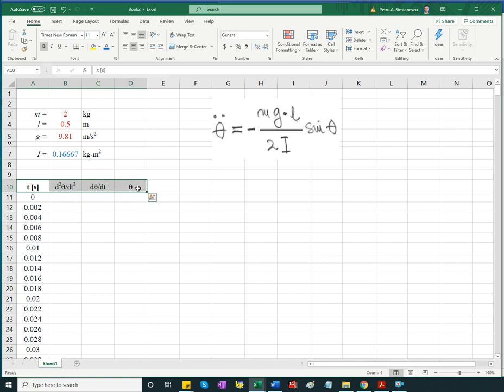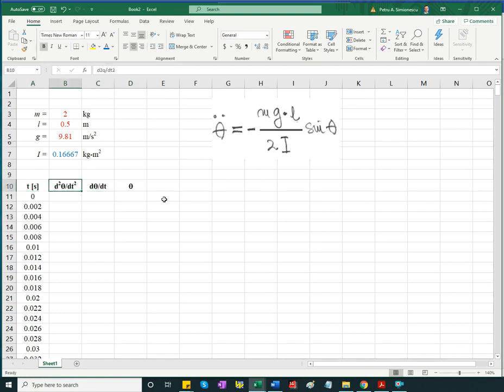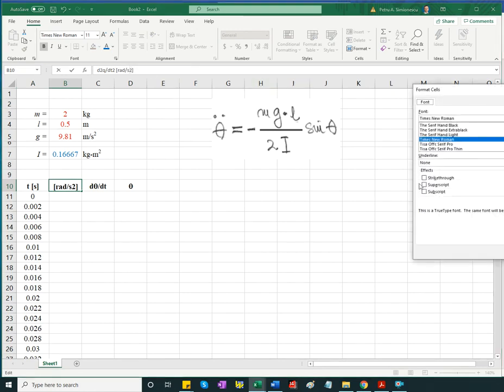This is radians per second, this is radians, and I could add this squared, and make this yet another exponent.